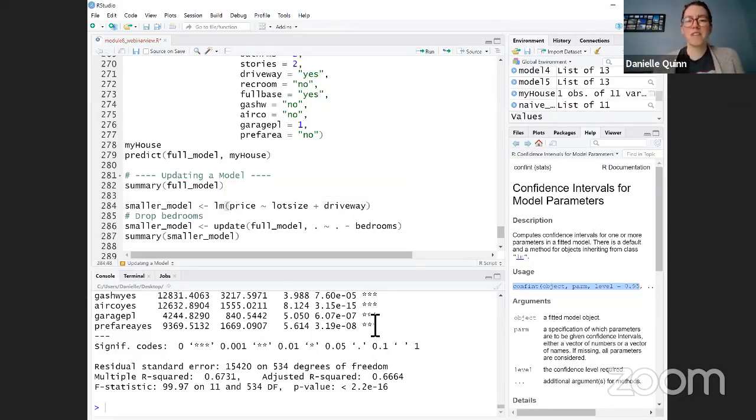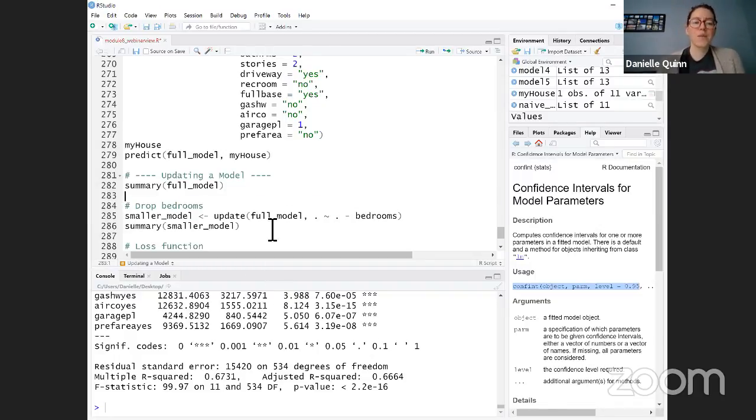But that is going to be really hard if you have a ton of predictors. So what we can do instead is we can say we want to take the full model and we want to update it. So we just change one piece. So we use the update function and we say we want to update the full model. And this is how we want to update it.